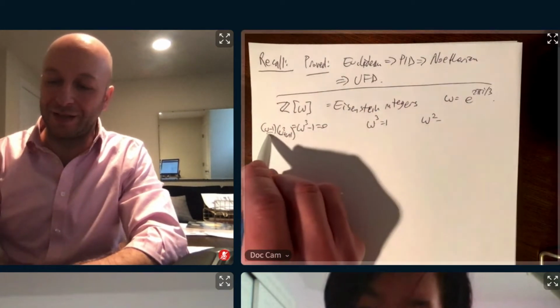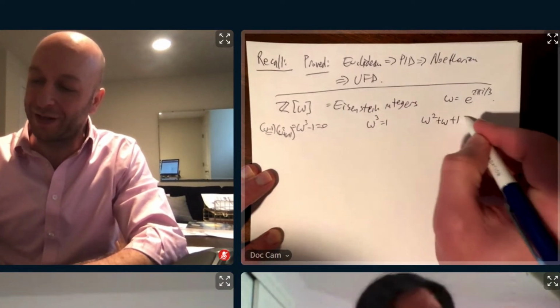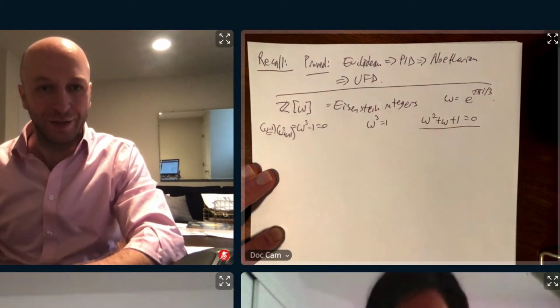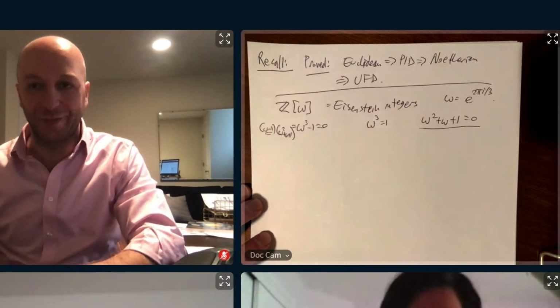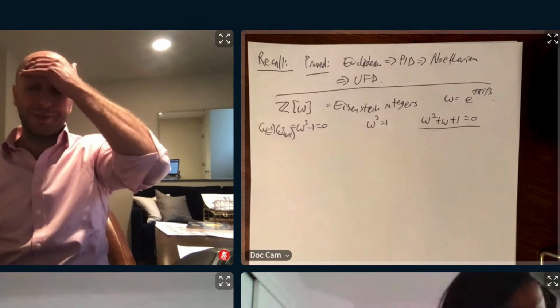And w isn't itself 1, so it satisfies this equation: w squared plus w plus 1 is 0. Okay, so far so good? Thumbs up? Great.